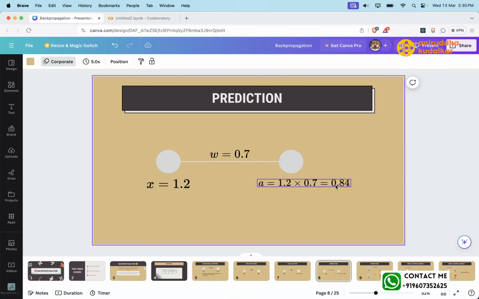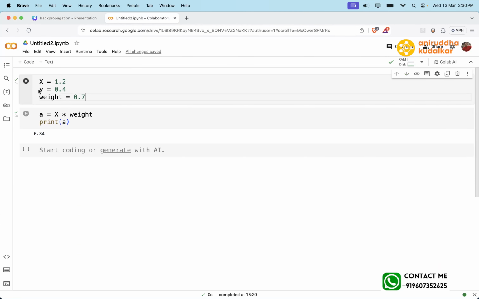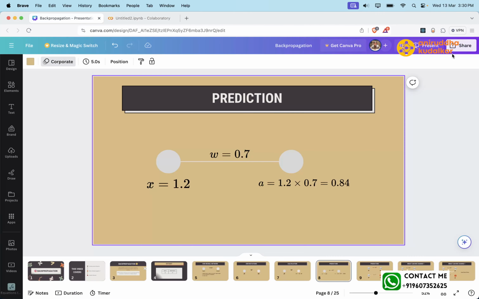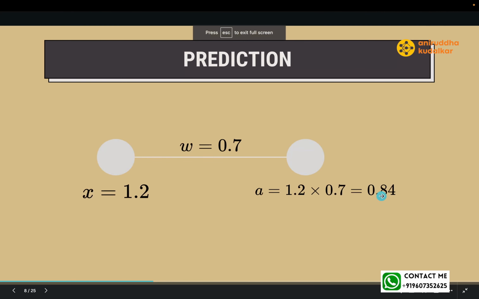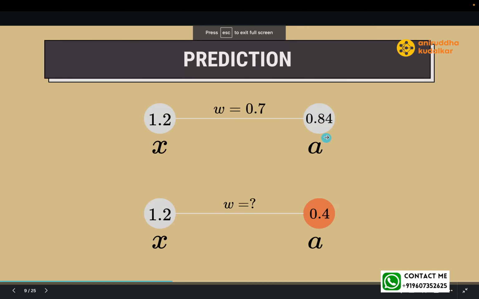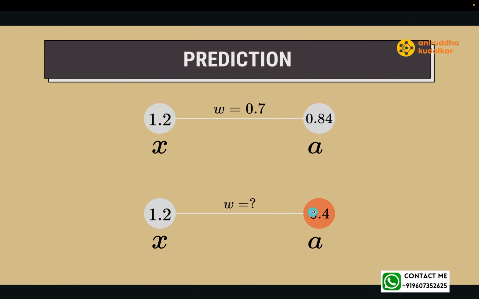This is nothing but 0.84. But the desired output is 0.4 and you are getting the output as 0.84. So the desired output is 0.4 and you are getting 0.84. There is a difference, right?